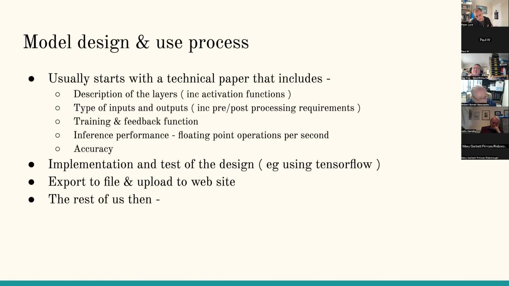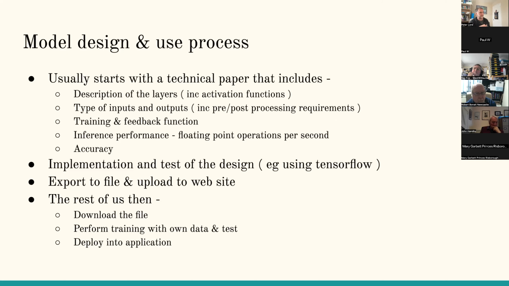And then us mere mortals, if we want to, can download that file, which is usually an untrained neural network. We can perform the training with our own test data, test it locally and deploy it in an application. So that's roughly how the process works. Start off with a technical white paper, with PhD sort of descriptions in there. Someone implements it in tools like TensorFlow, and then that goes on the internet where we can download it and try to use it in our own applications.